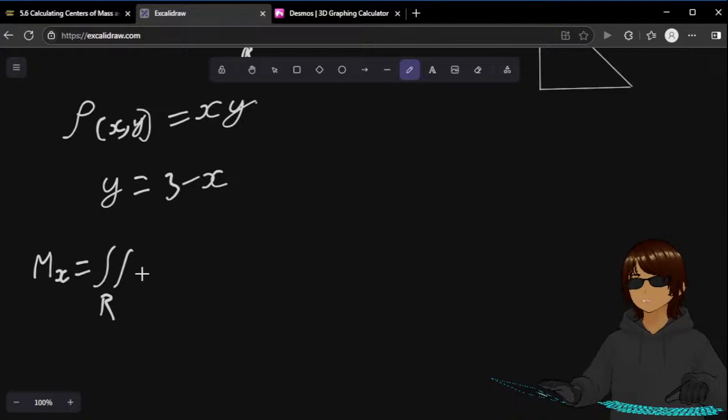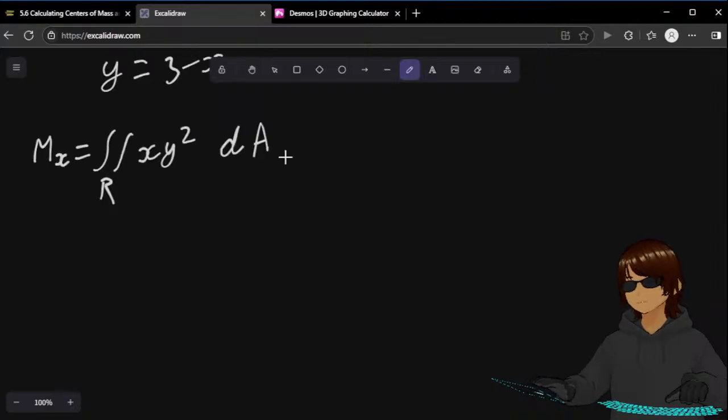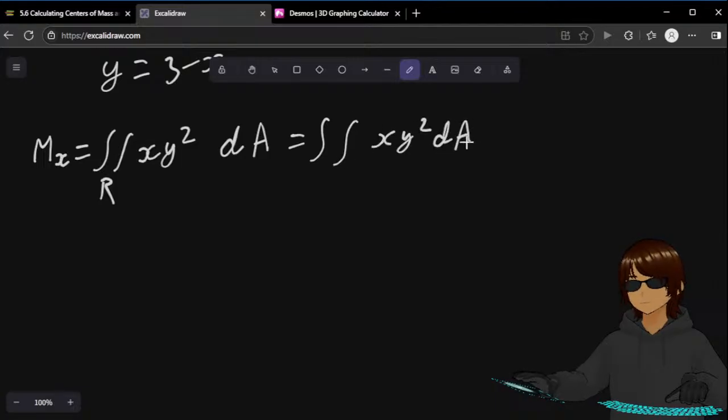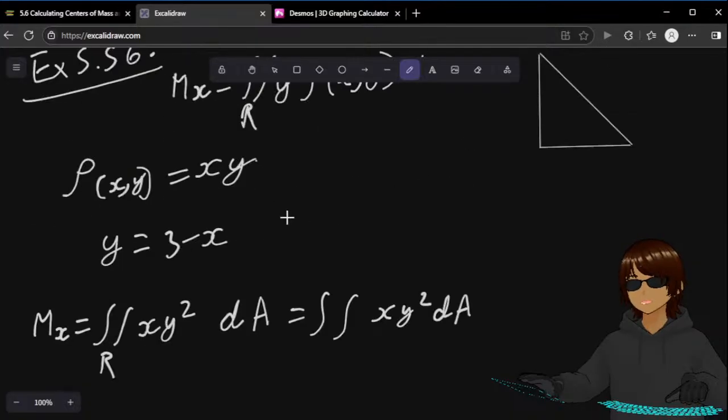I just multiply the y squared dA. So y would go from 0 to 3 minus x, and then x would go from 0 to 3.